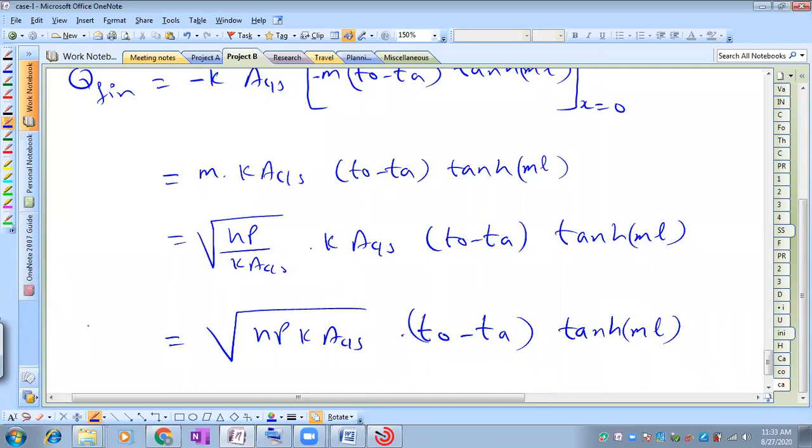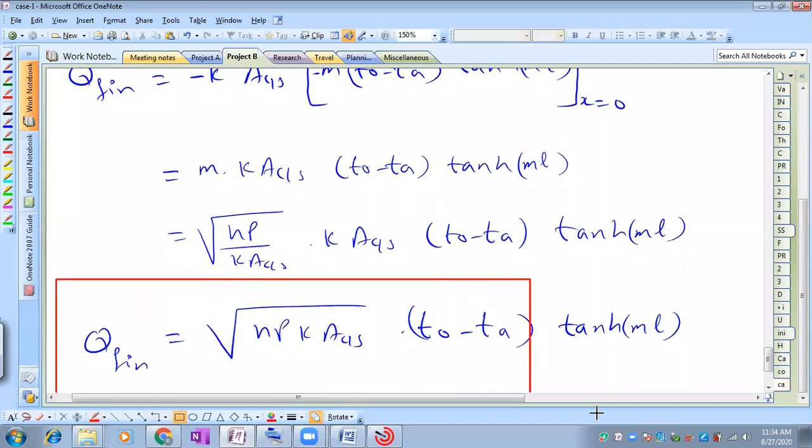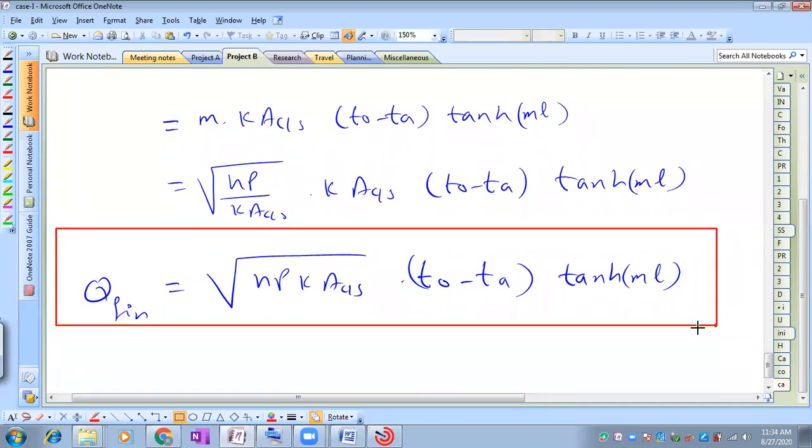This is your final expression of Q of fin, which you have to consider whenever they ask you to calculate the rate of heat flow through a fin insulated at the tip. So this part is important. Is it understood?